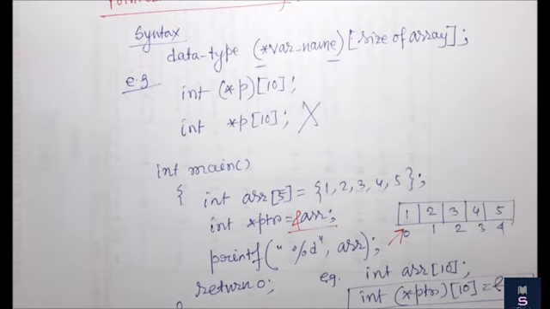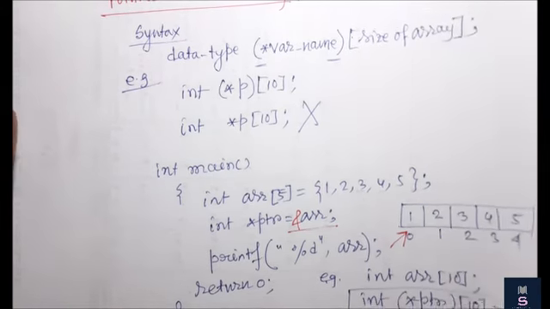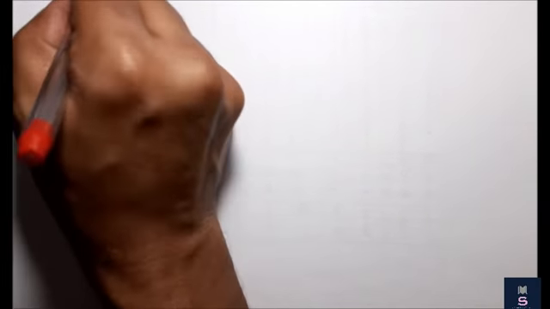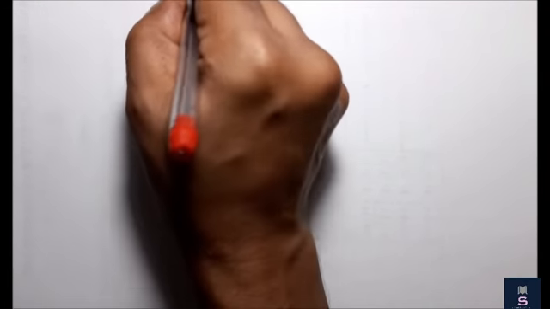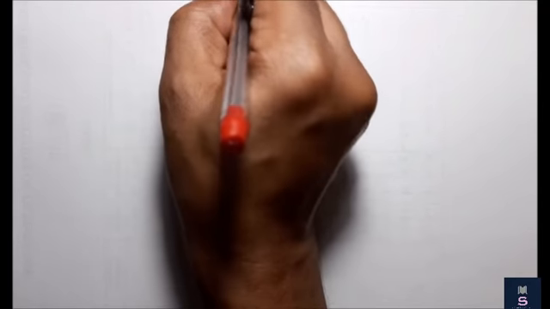The next topic is pointer to function. We know pointer to an integer, pointer to character, pointer to float, pointer to double, and pointer to an array also.